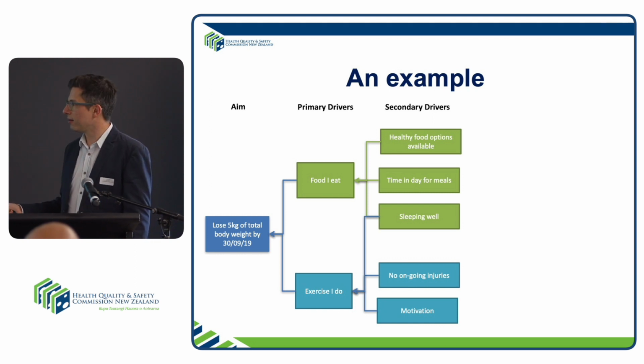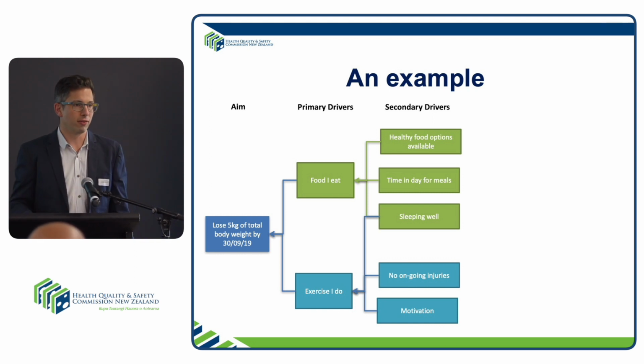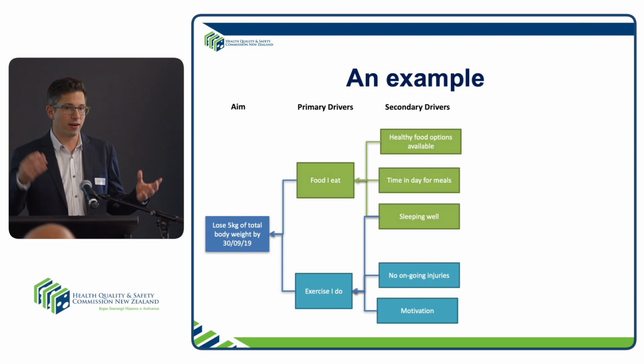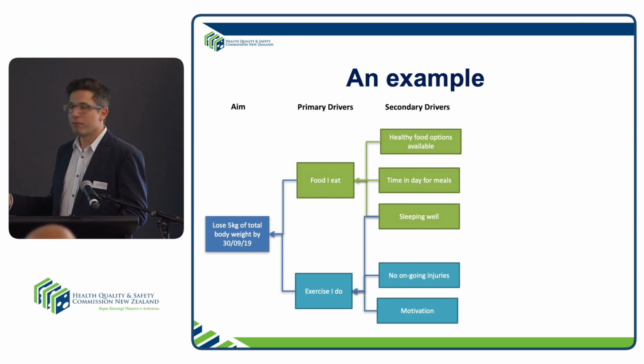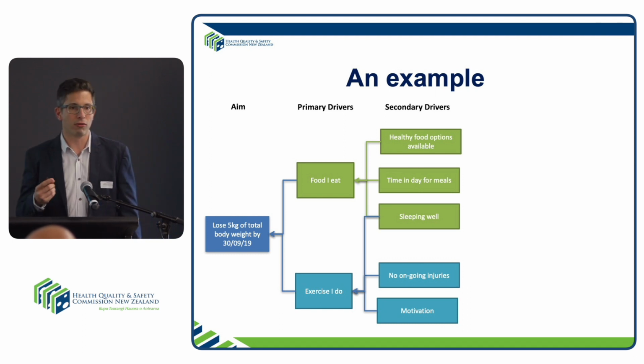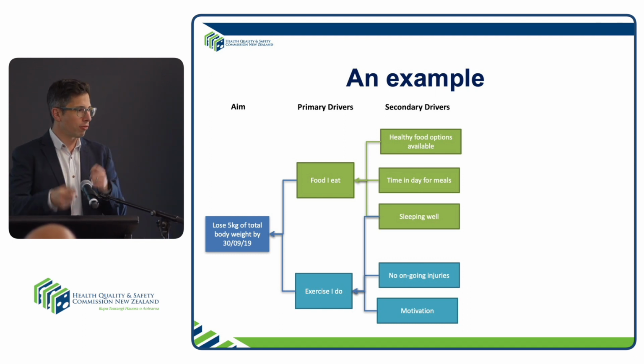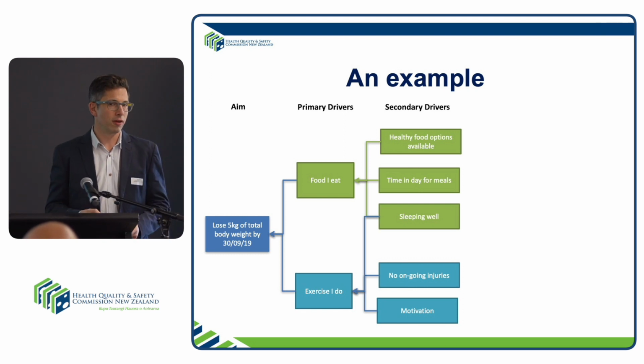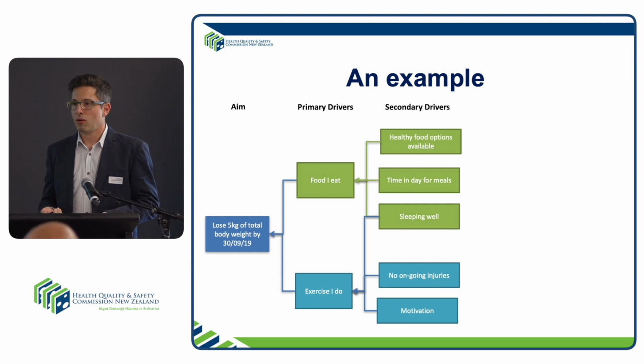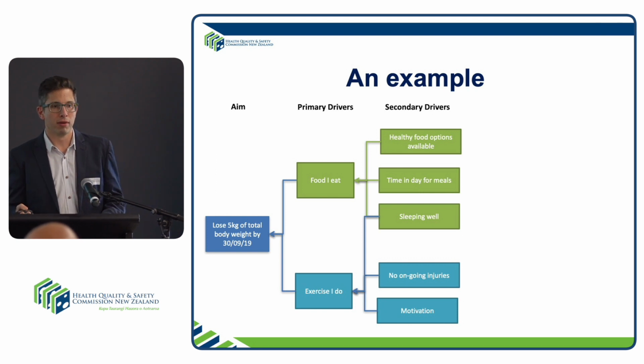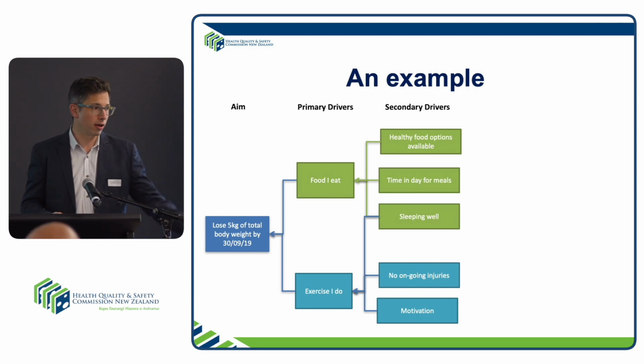It's what I eat and what exercise I do. Okay, so straight off, I know those. I might not come to those straight off the bat. What I might come up with first is my secondary drivers. Through brainstorming, I might come up with a whole bunch of ideas about things that could drive me towards my goal.